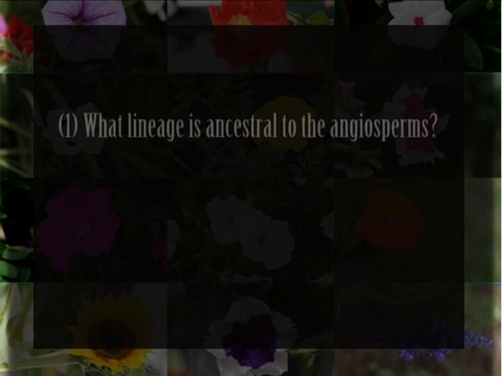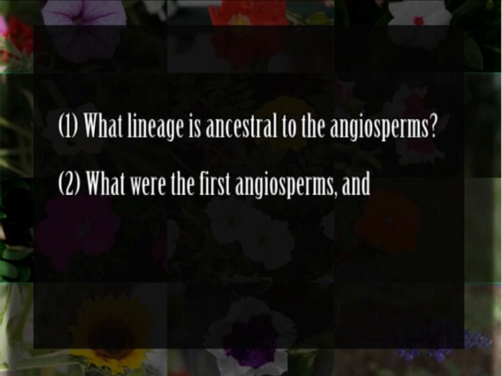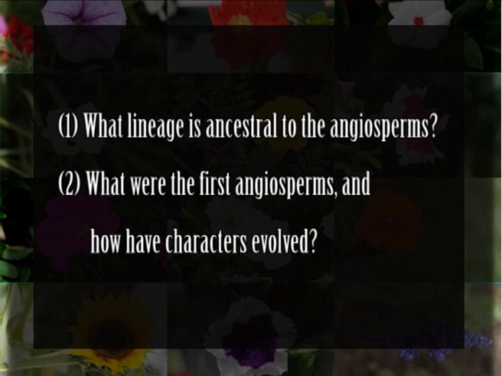Paleobotany has at least 3 crucial roles to play in resolving the origin and early diversification of flowering plants and addressing the following questions, which include: what lineage is ancestral to the angiosperms? What were the first angiosperms and how have characters evolved?